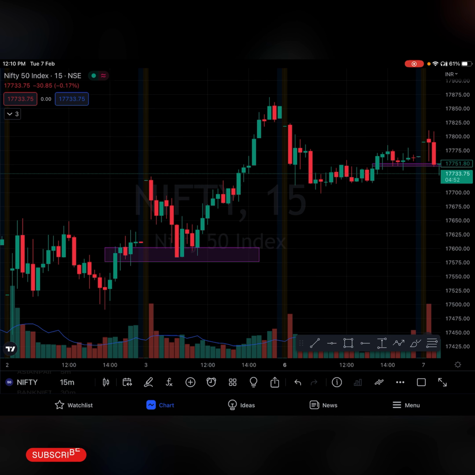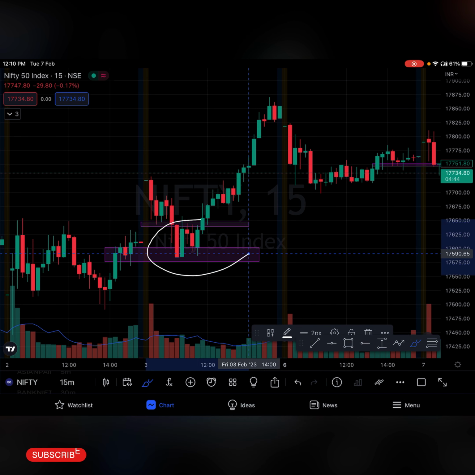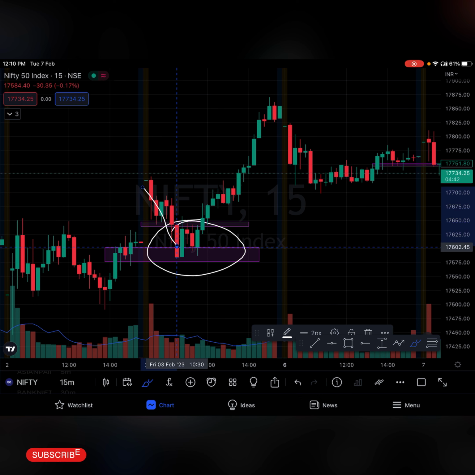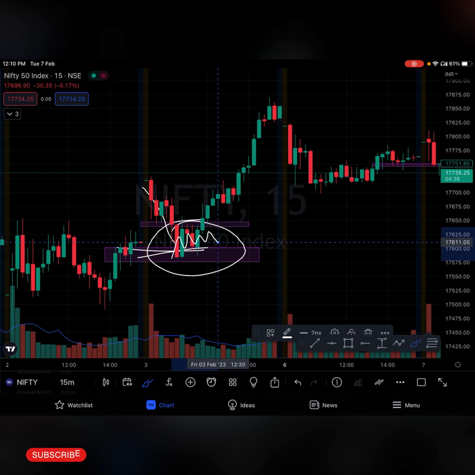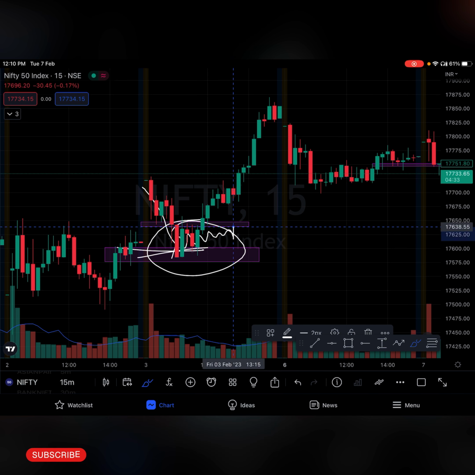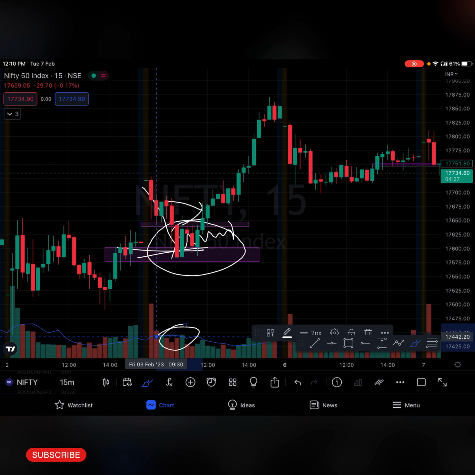For example, let's understand, this is the support zone. In the support zone, you can see a little bit of consolidation over here. The market fell down, took support over here and started consolidation. After consolidation, here it gives a huge breakout, and you can see the volume also.